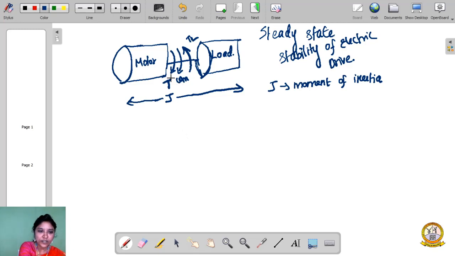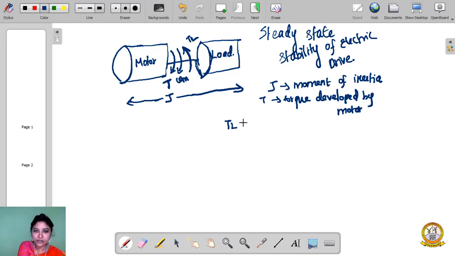Next, we can list all those components. What is T? T is the torque developed by motor. What is TL? TL is the load torque.